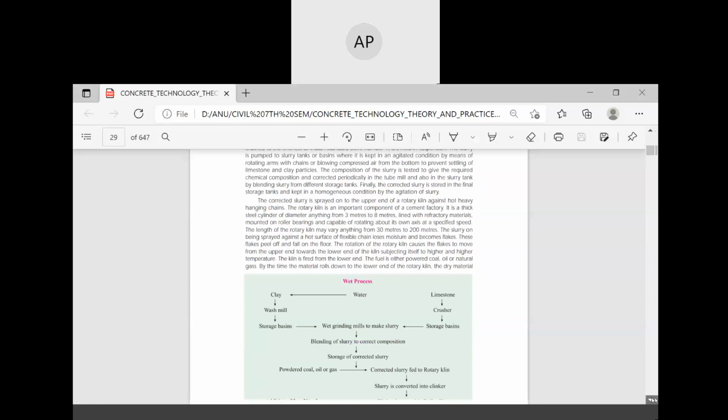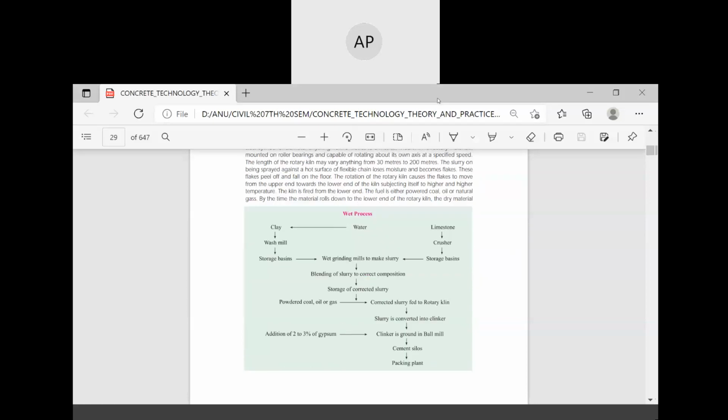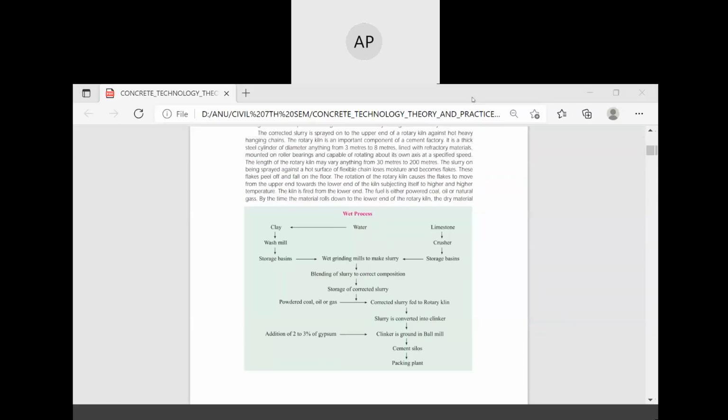So this is the wet process. Flow chart of the wet process: first, limestone and clay with the addition of water go to mixing. After grinding of all the materials, it makes a slurry.